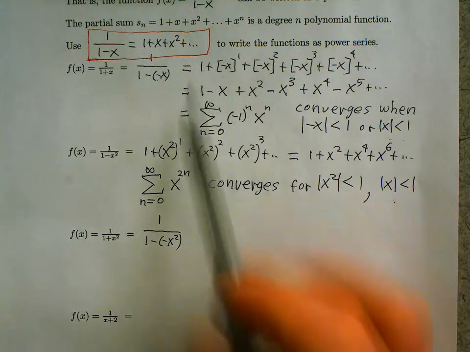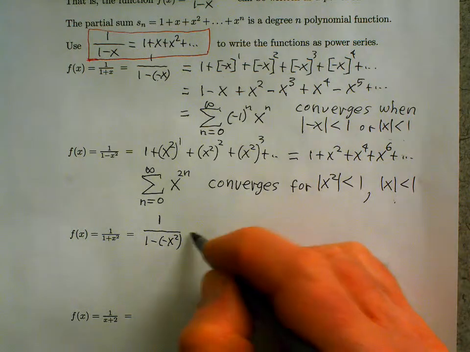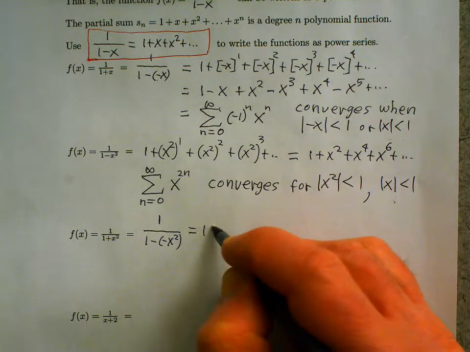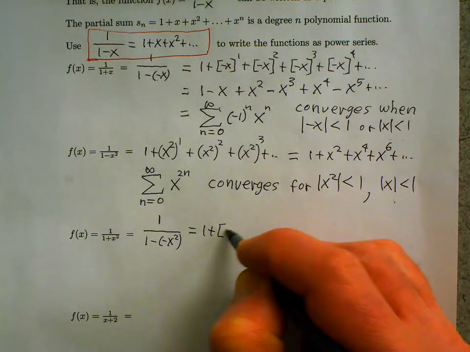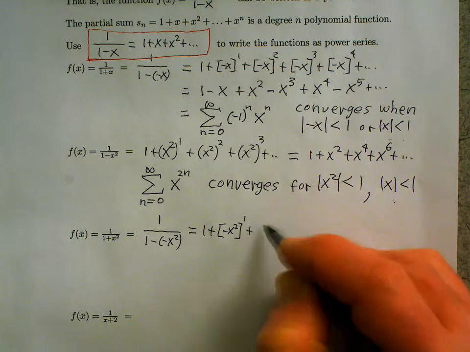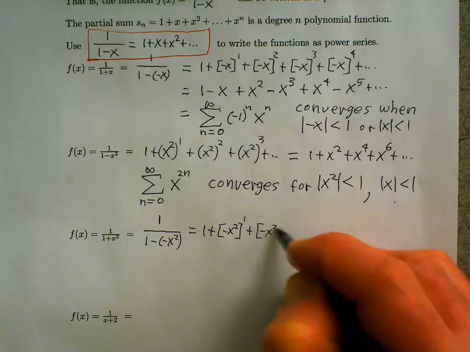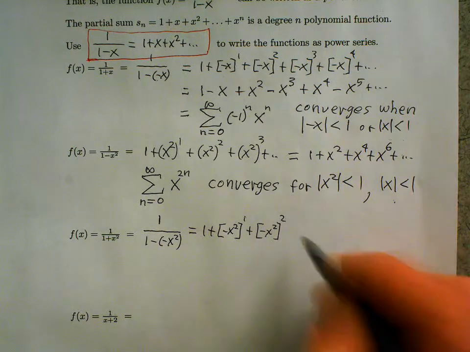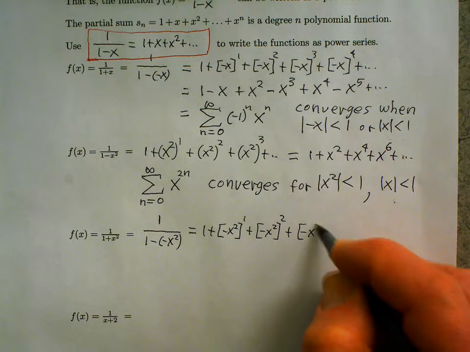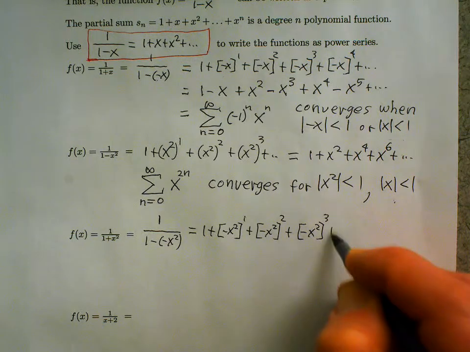Then we use the same template. So this is 1 plus negative x squared to the first plus negative x squared to the second plus negative x squared to the third, and so on.